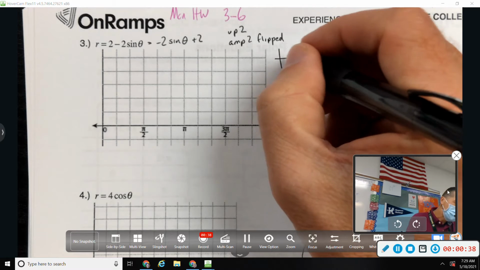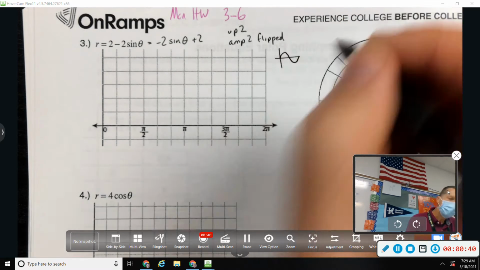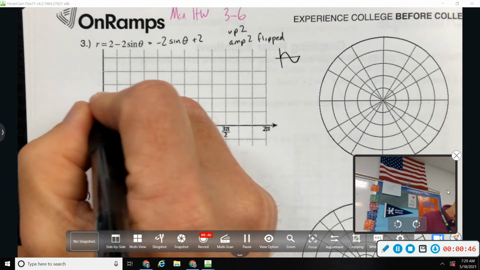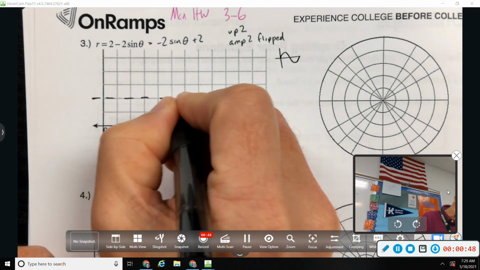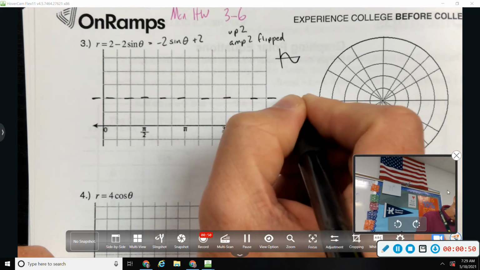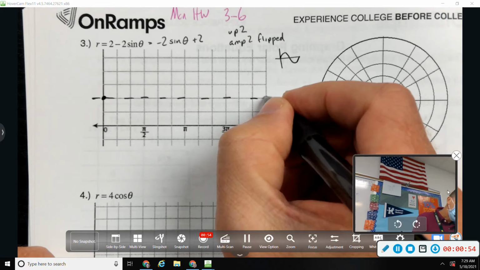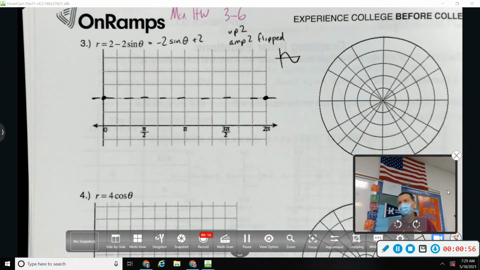So normally a sine graph looks like that, but we're going to have to flip it and move it up 2. So there's the up 2, that's the easy part. Starts at 0, ends at 0. When I say 0, I really mean the midline, so the new 0.